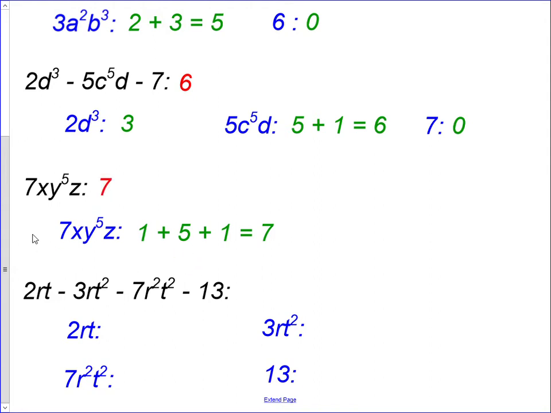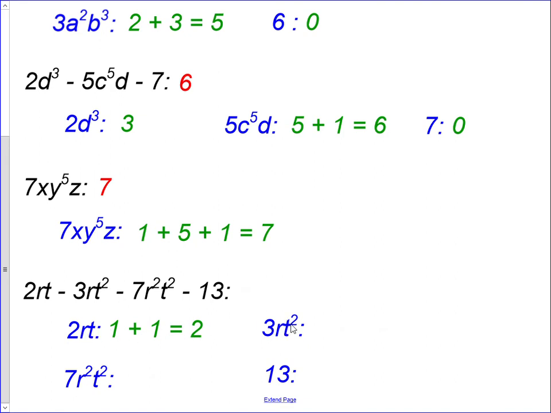In our next example, we've got a polynomial that has 4 terms. And the terms are 2rt, 3rt squared, 7r squared t squared, and 13. Well, in this one, we're going to do 1 plus 1 because each variable is to the power of 1. So this term has a degree of 2.